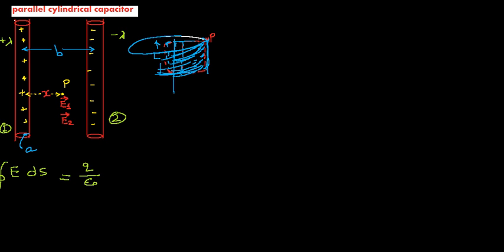The circumference is, with x as the distance, 2 pi x, so the area is 2 pi x times L. So the total surface area will be equal to 2 pi x L.